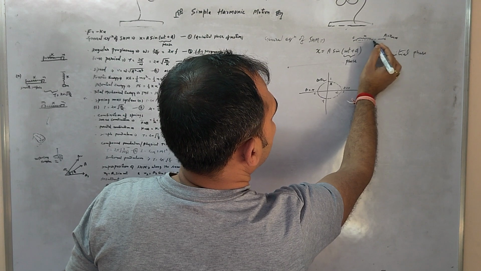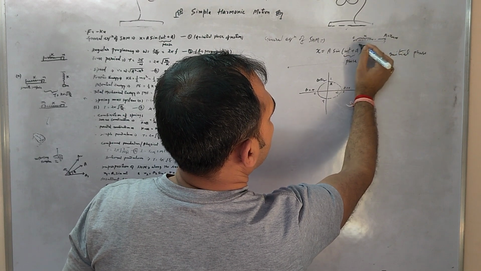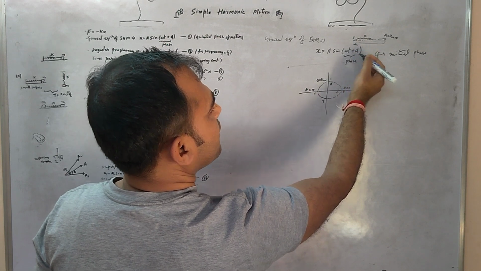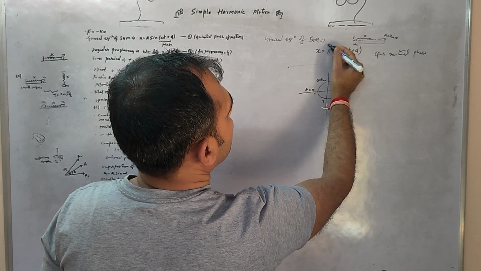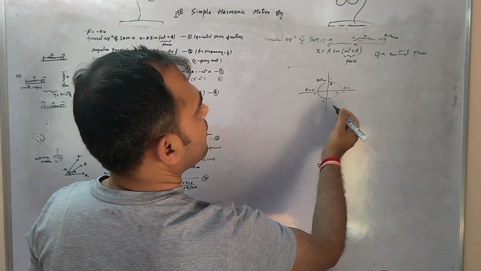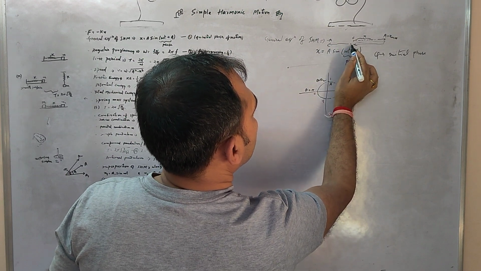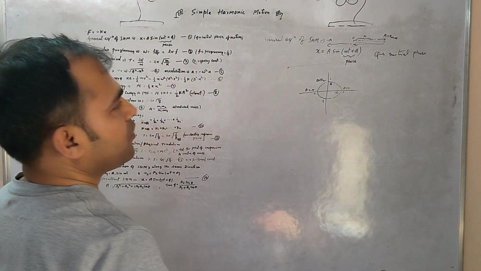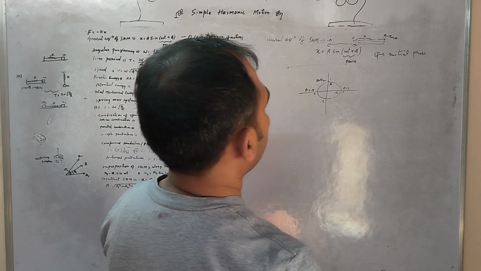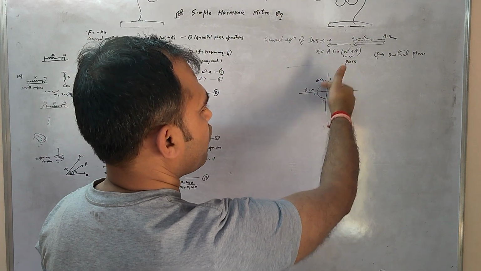So this goes up to maximum A, here theta is equal to pi by 2, then comes back to 0, here theta will be pi, then again goes up to -A, then again returns to 0. So this is basically a sine function of time, that is a periodic simple harmonic motion.